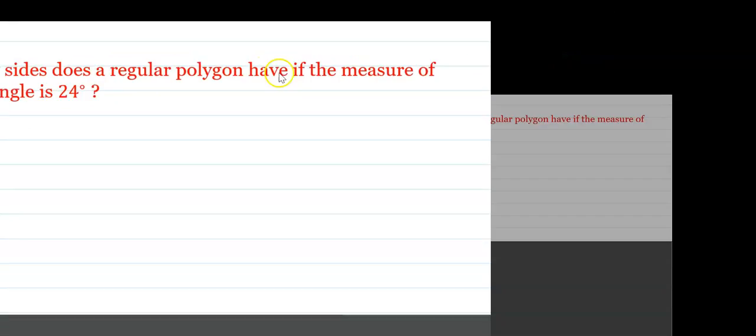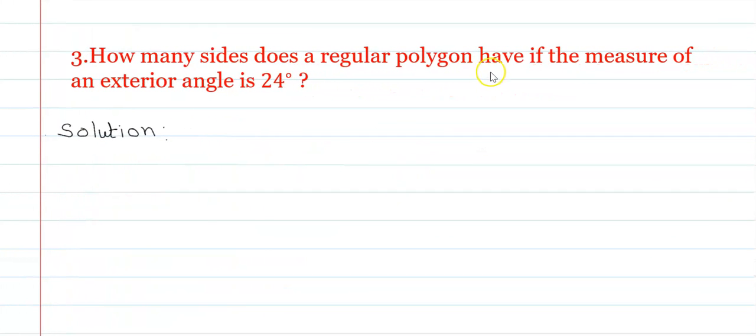How many sides does a regular polygon have if the measure of an exterior angle is 24? Now here we will apply the formula.